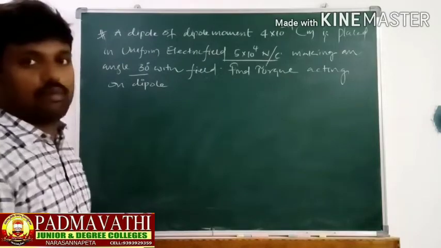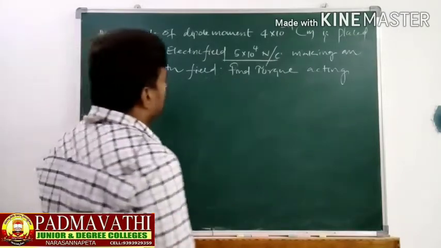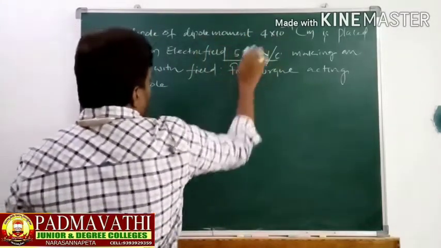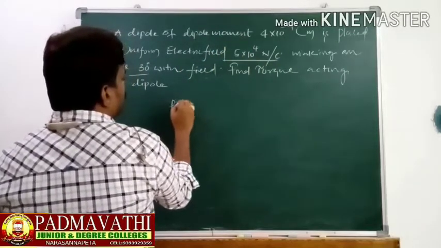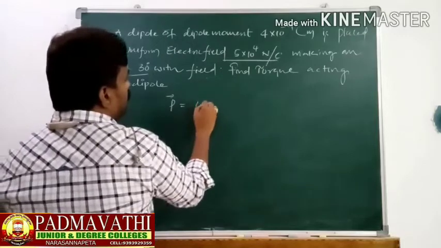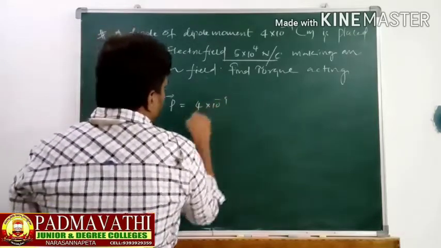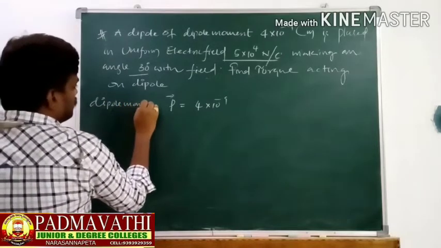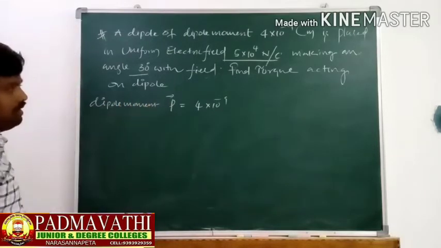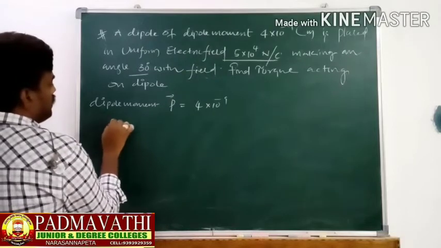Very simple problem here. In this case you have to write the dipole moment. The dipole moment P bar is 4 into 10 to the power of minus 9. This is the dipole moment. And next is the electric field intensity.